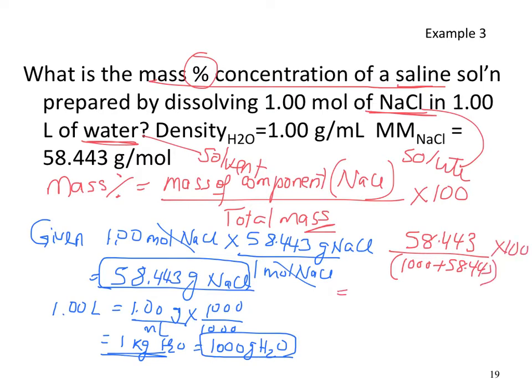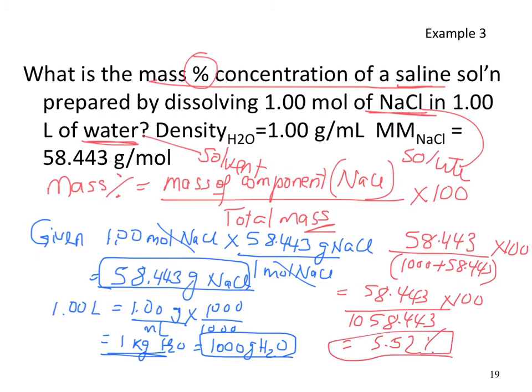So when you solve that, you're basically seeking 58.443 divided by 1058.443 times 100, which comes out to be 5.52%, and that is going to be your final answer. That is your mass percent for the saline solution chosen.